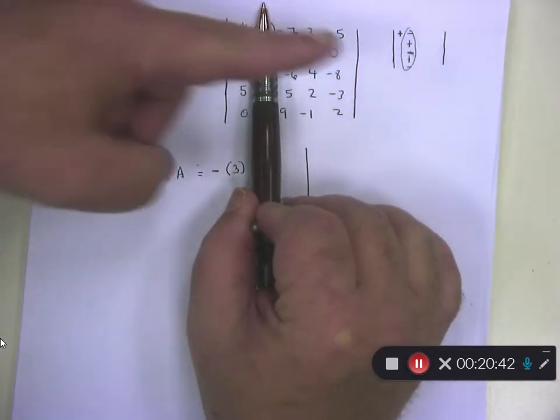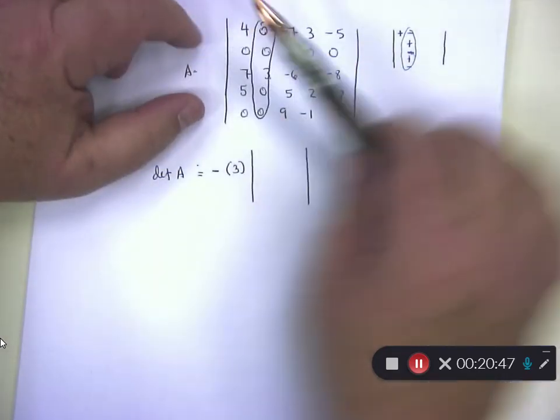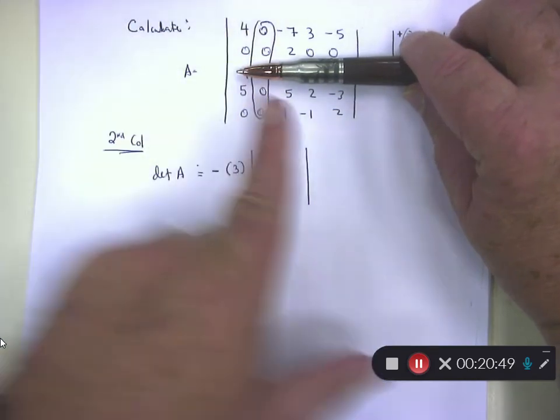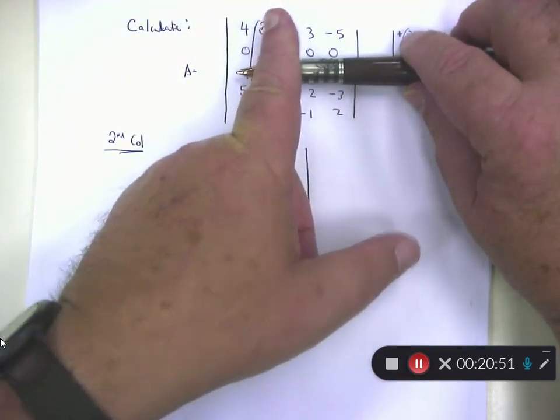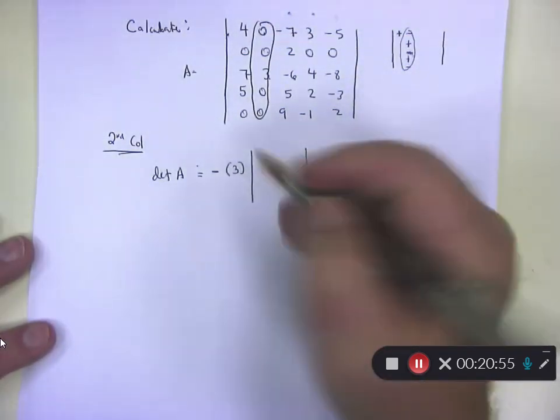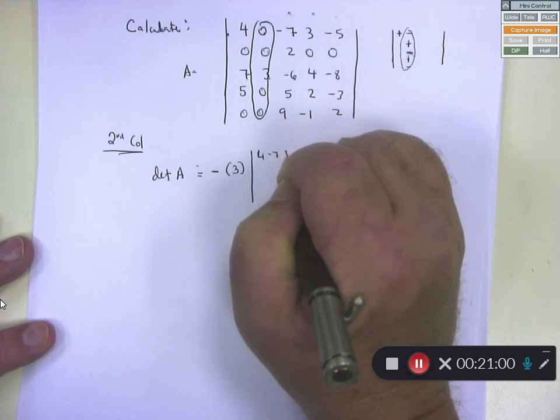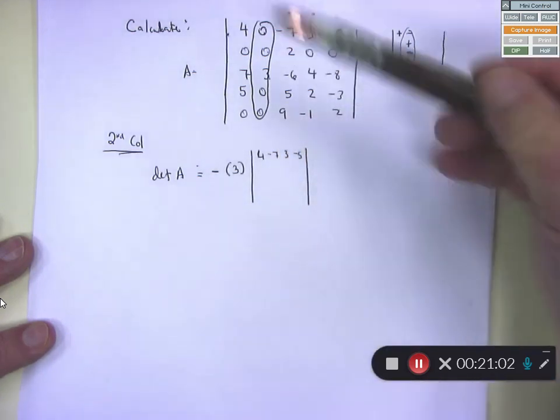Knock off the row and column with this thing, okay? And you have to kind of visualize this. If you knock off the row and that column right there, you end up getting 4, negative 7, 3, negative 5. Make sure I don't screw this up. 4, negative 7, 3, negative 5, okay?